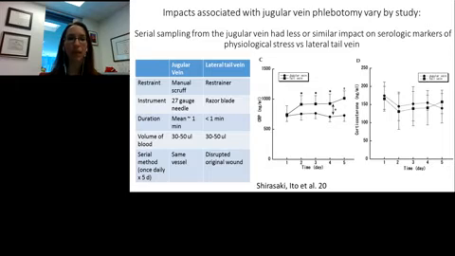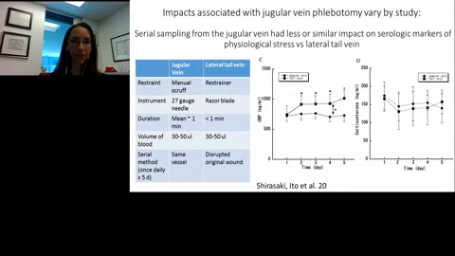But there is a paper by Shirasaki et al. I think the date got a little cut off. It's supposed to be 2012. They actually performed serial sampling from the jugular vein, and they showed that it had less impact on serologic markers of physiologic stress versus the lateral tail vein.